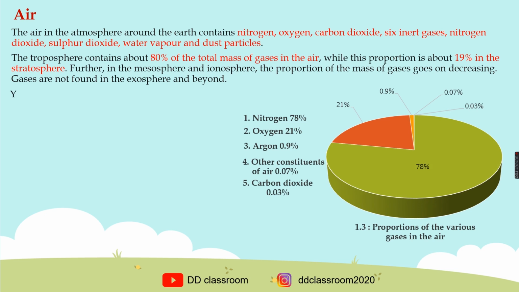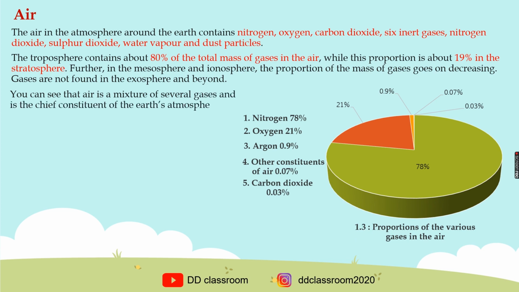You can see that air is a mixture of several gases and is the chief constituent of Earth's atmosphere. Besides these gases, air also contains water vapor and dust particles.